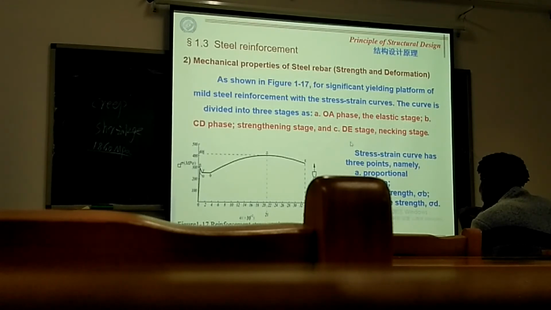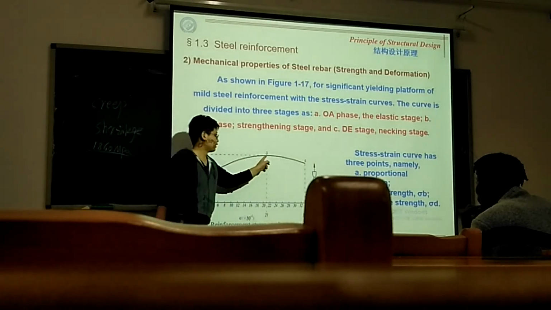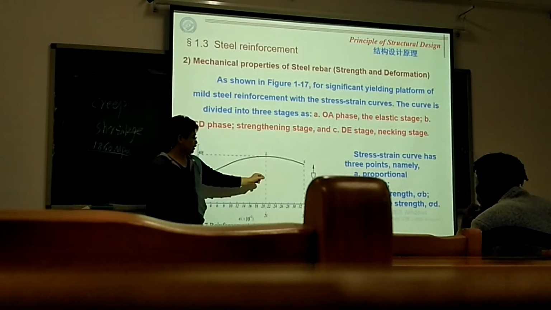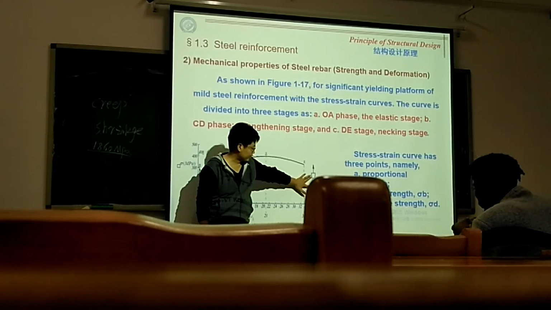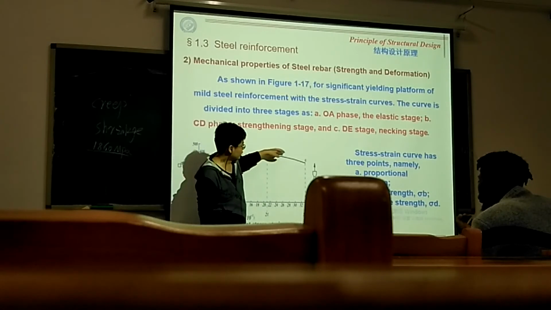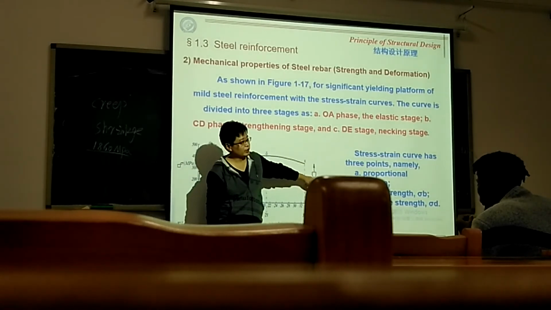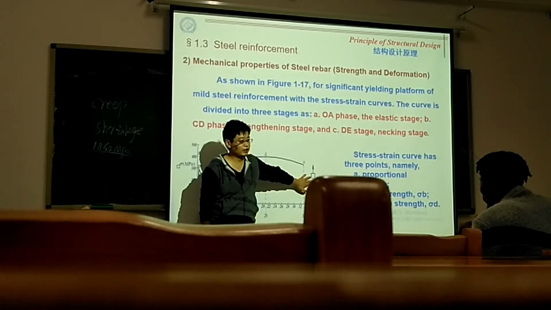And C, the D stage, is the necking stage. Necking means the deformation actually is concentrated in this part. The deformation increases quickly, and then the stress or the strength will decrease. Then when you reach some distance, this will break.